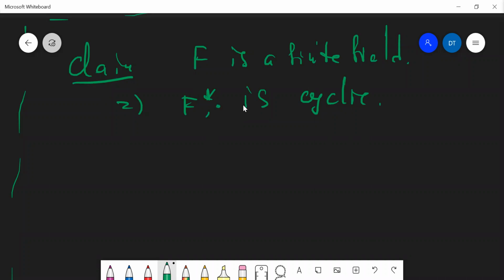So let me specify that the operation here is multiplication. F star with multiplication is a cyclic group, so you may find a generator for this group. Every non-zero element of F is a power of a special element of F. This is what it means: you can find an element such that each non-zero element of F is a power of this special element.